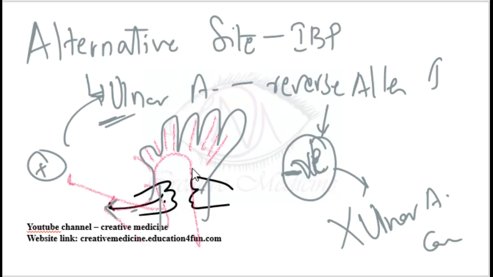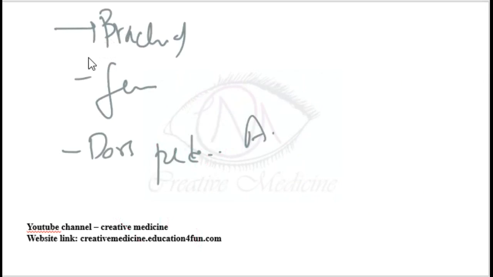If the radial artery is patent, that is, if you see redness in the palms, then the reverse Allen's test is positive and you can cannulate the ulnar artery. If it is negative, then you cannot do ulnar artery cannulation. The other sites for invasive blood pressure monitoring are the brachial artery, femoral artery, and dorsalis pedis artery.